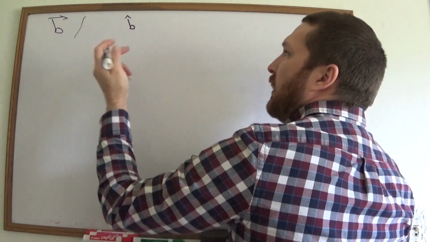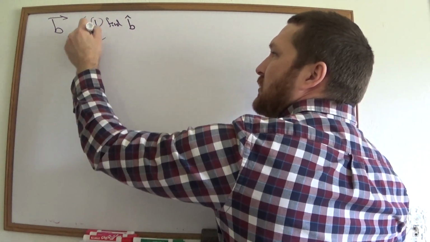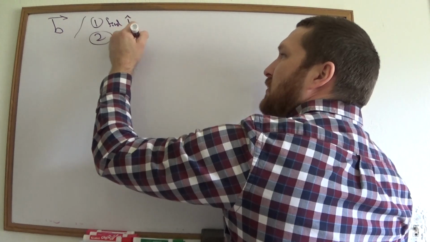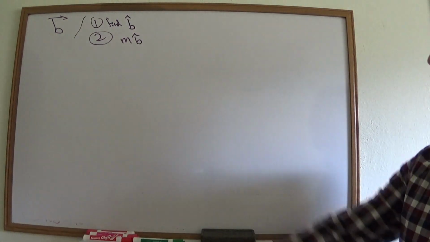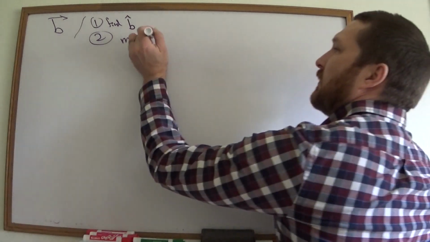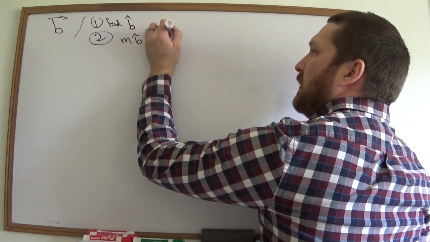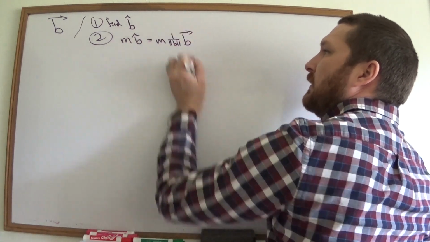And then step two, you multiply that unit vector by whatever the final magnitude you want. So in other words, you take your new magnitude, multiply that by this guy right here.